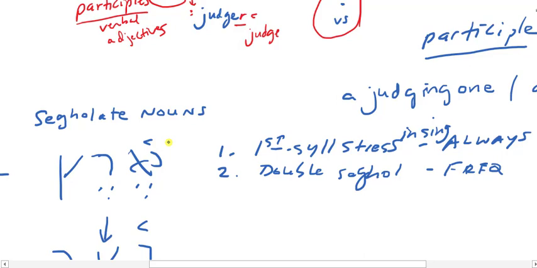Segholate nouns are so committed to first syllable stress in the singular form that you won't find a Segholate noun in the singular without an accent mark there on that first syllable. And it loves first syllable stress here. When we get to a later chapter, we'll understand why this is, but I just want to make sure that you're clear that this is always the case. Now, the second characteristic of Segholate nouns is that it's characterized by a double Segol pattern under the first two root letters.